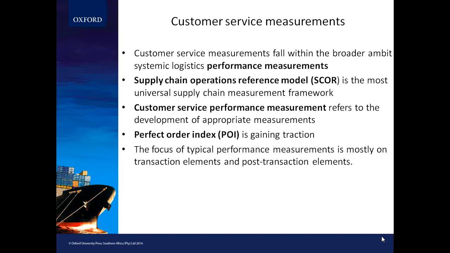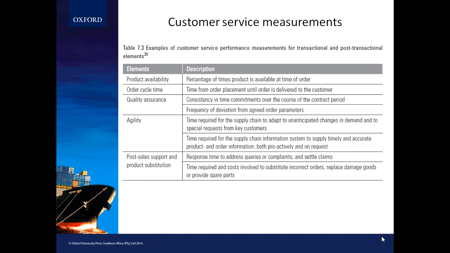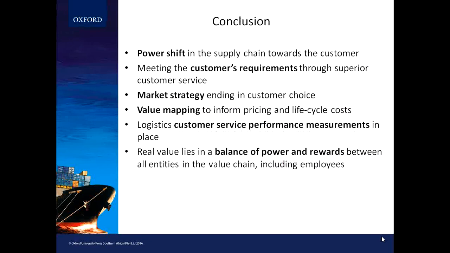It is calculated by multiplying each of the perfect order components. It is a unique concept because it condenses the total impact of an incorrect order into a single measurement. There are many other examples you can go through, but this is not in our syllabus. You can just work on it and check it again.